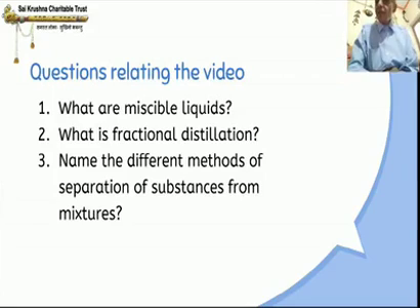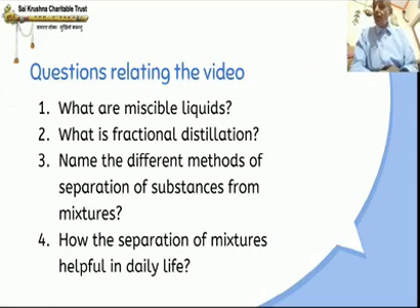Then fourth, how is the separation of mixtures helpful in daily life?